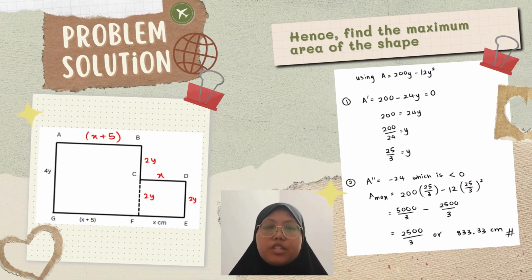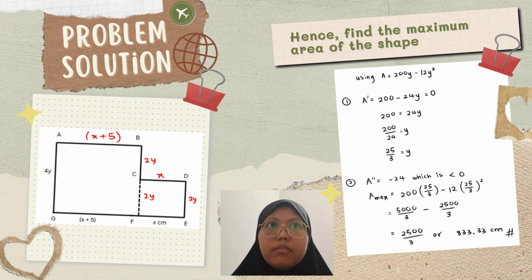For the last question, it wants us to find the maximum area of the shape. We will use the original equation they gave, which is A equals 200y minus 12y squared. We will use two steps, differentiating it the first time and then the second time. After differentiating, we get A prime equals 200 minus 24y.